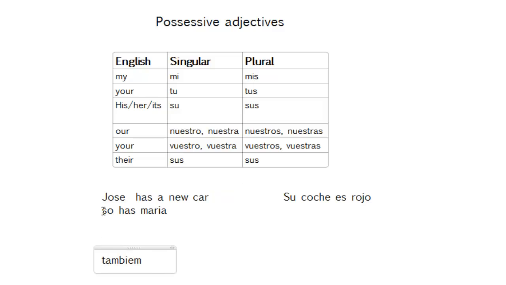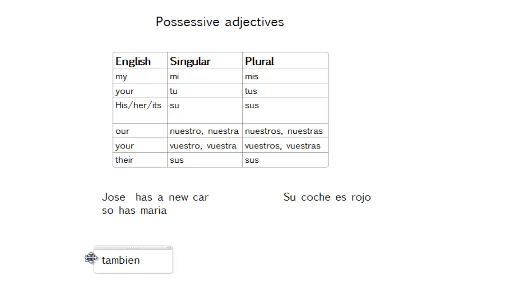También, not también. También. Okay, that means also, like también yo, also me. It's not and as in this and that.